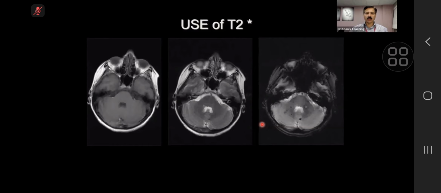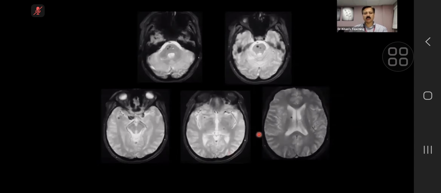We call it a blooming artifact, and it appears very black. Now if you see here, there are small microhemorrhages, which are barely visible on T2 and not visible on T1. So this is the only sequence on which they were visible.